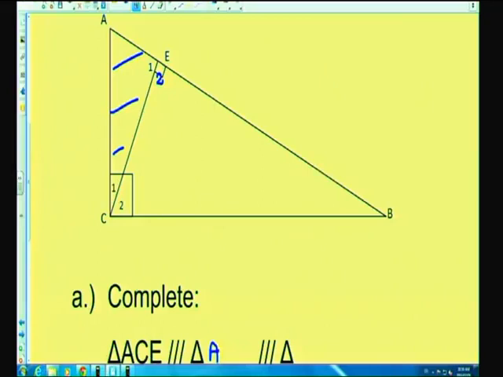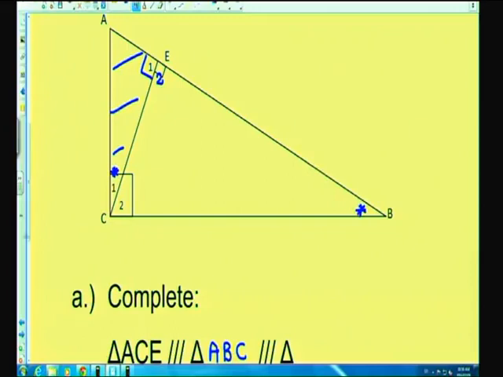E, I'm not hesitant to use because I know that E1 was 90 degrees. And so I can safely say that the equivalent one for E was C. And so the remaining angle in this little triangle over here is B. So in other words, what I've established is that C1 equals B.